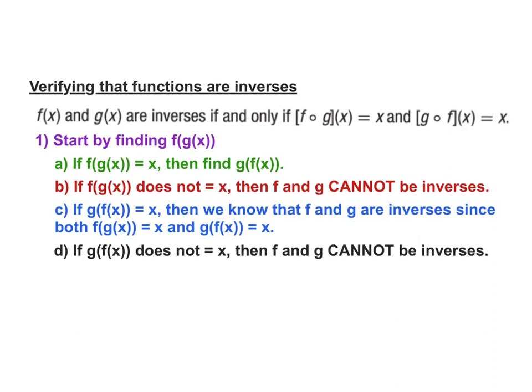But usually, at this step right here at b, if it doesn't equal x, you're stopping, you're done. There's no reason to find g of f of x, because if f of g of x doesn't equal x, then they can't be inverses, so there's no point in going on. I don't think there's going to be a situation where f of g of x could equal x and then g of f of x doesn't equal x.